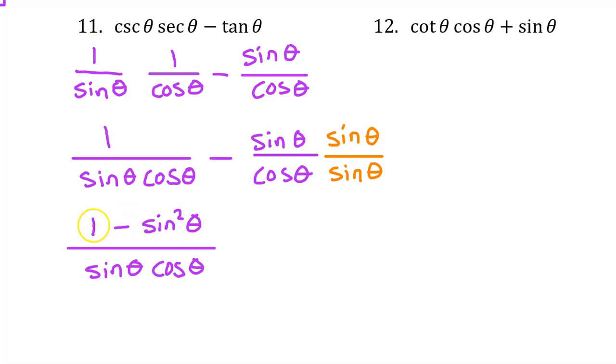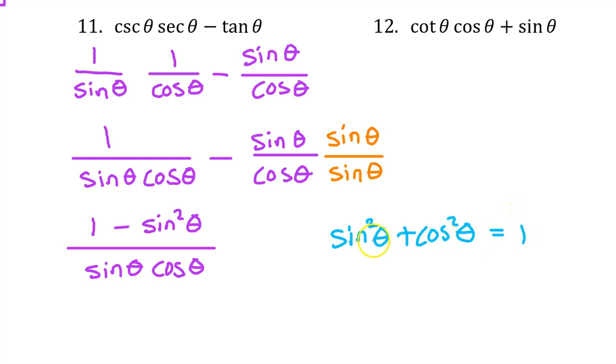At this point, you have seen this often enough that you probably recognize that 1 minus sine squared theta is cosine squared theta. However, if you need to write the Pythagorean identity to help you understand that, here we go. The number 1 identity is sine squared theta plus cosine squared theta is equal to 1.